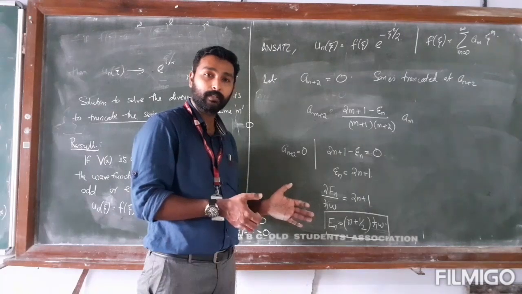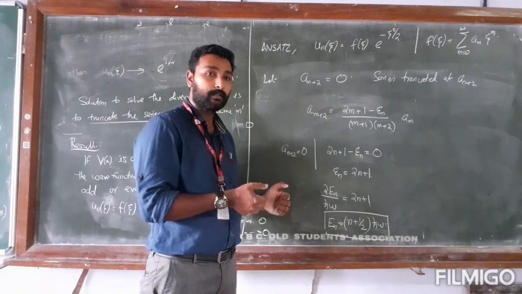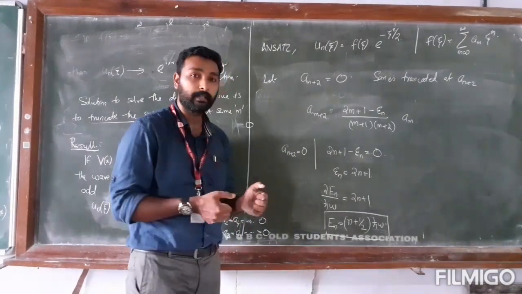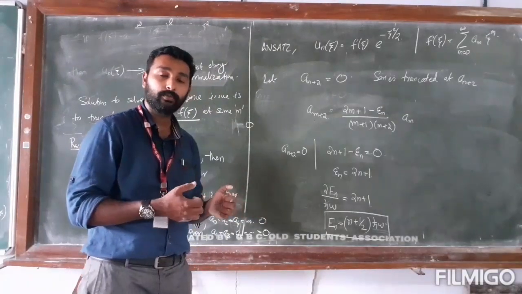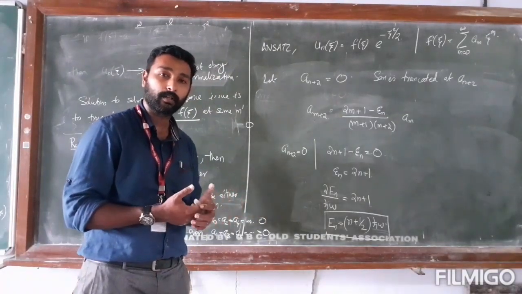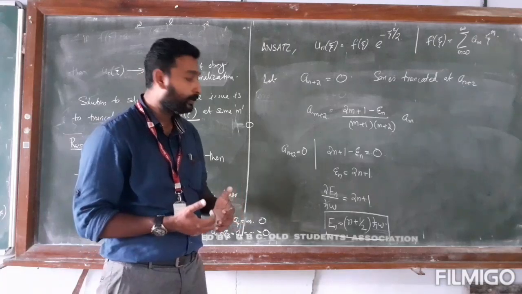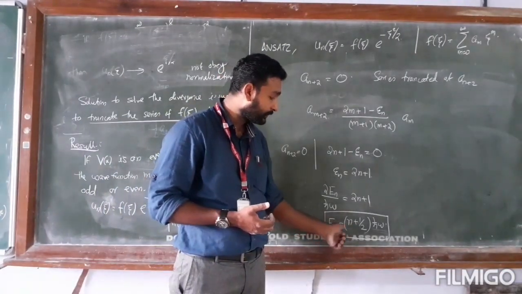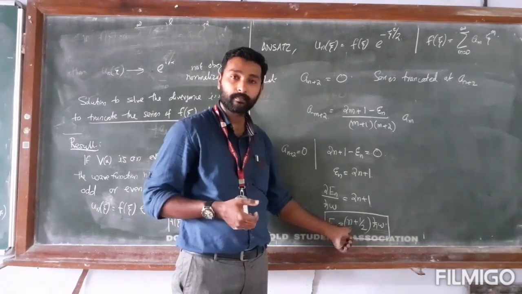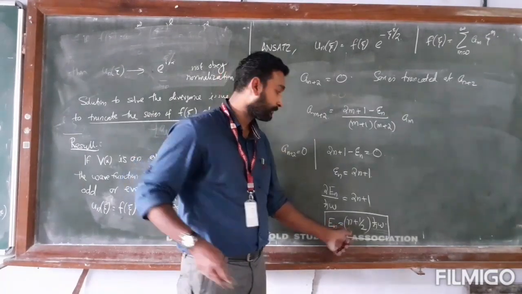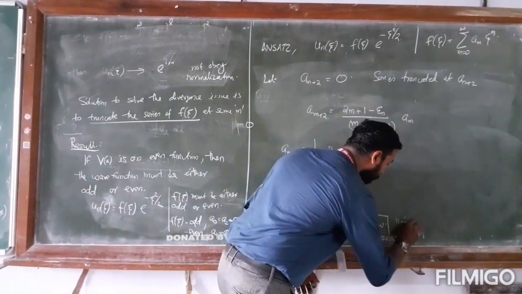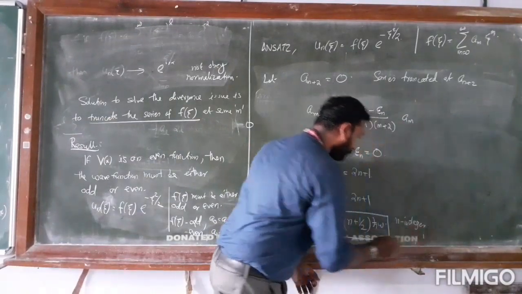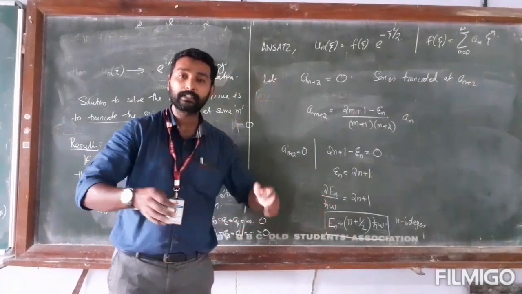This is very remarkable. From a simple mathematical step which we introduced to solve the divergence problem, we have ended up with quantization of energy. If you look at this expression, n is an integer. n cannot take any value. Therefore, the possible energy eigenvalues become discrete.